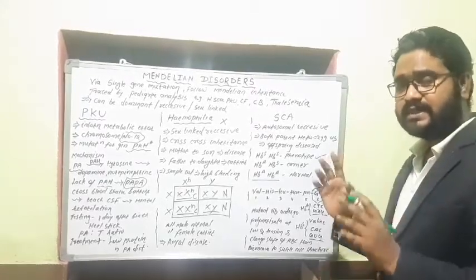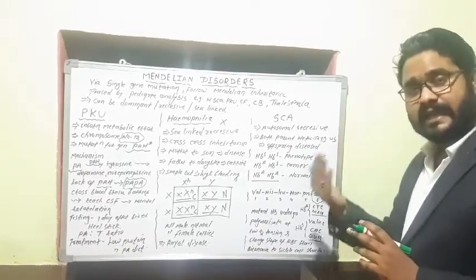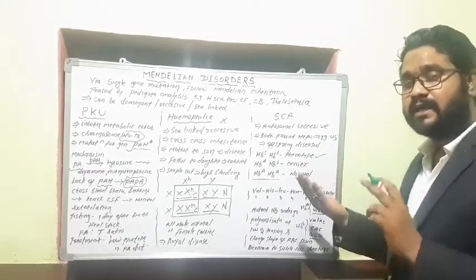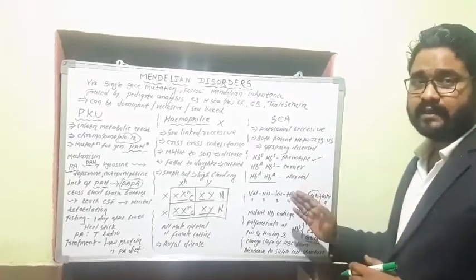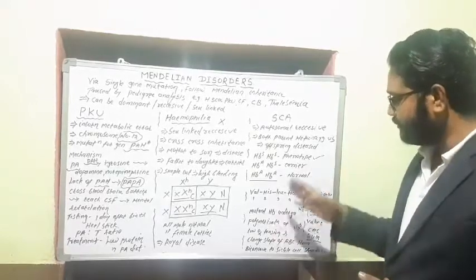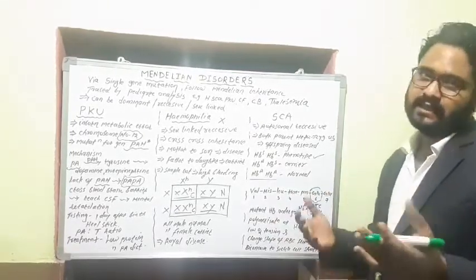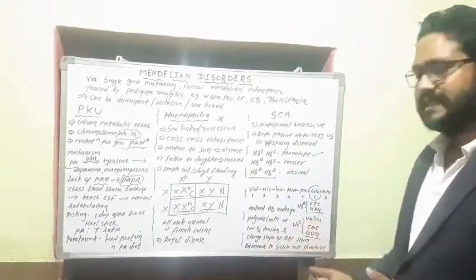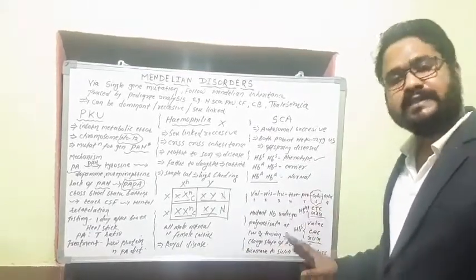So what is the logic? It is a single gene mutation. Instead of glutamic acid, that amino acid is being replaced by the mutated amino acid valine, and because of that the mutant hemoglobin undergoes polymerization at low oxygen concentration or low oxygen tension, and that changes the shape of RBC from its normal biconcave to sickle cell.